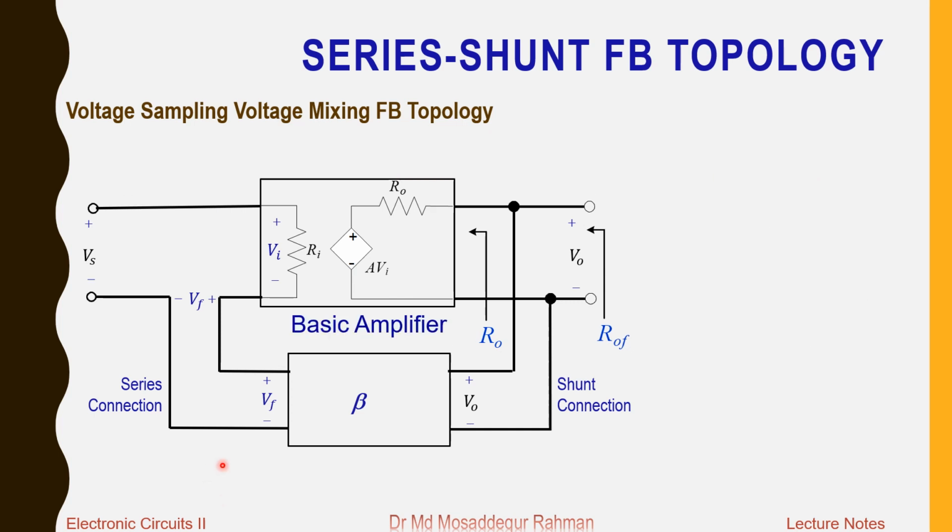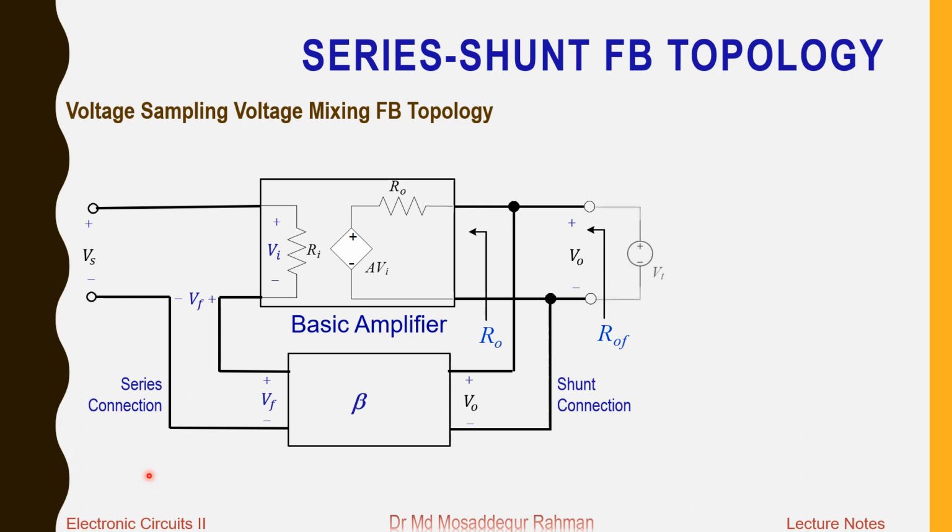So next we'll try to determine the output resistance of this feedback amplifier, and we'll see how the feedback affects the output resistance.